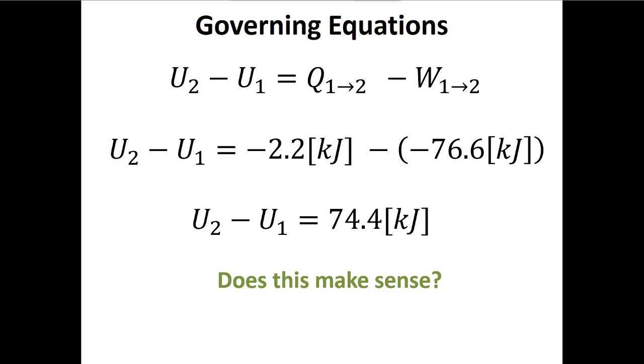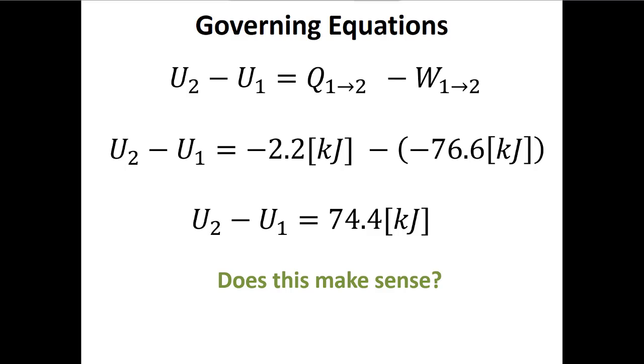What this means is that the work going into the system is bigger than the heat transfer leaving the system. So on net, we're storing energy in our system. That makes sense because we are compressing it so much. We're definitely trying to store energy in this gas by increasing its pressure.